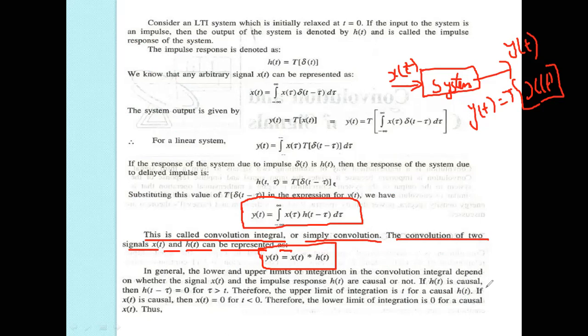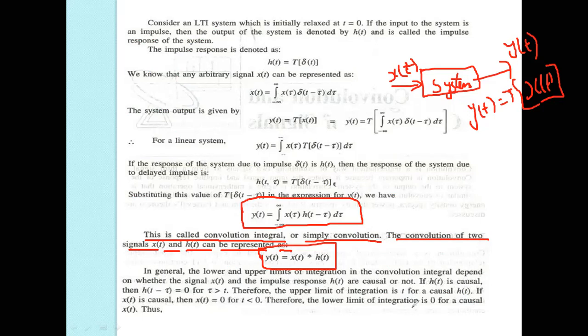If h of t is causal, then h of t minus tau is equal to 0 for tau greater than t. Therefore, the upper limit of the integration is t for a causal h of t. If x of t is causal, then x of t is equal to 0 for t less than 0.